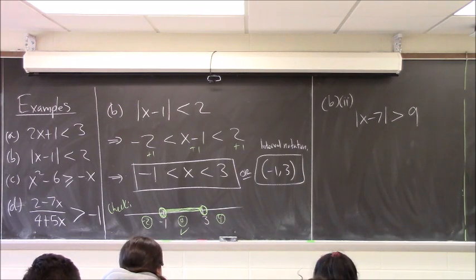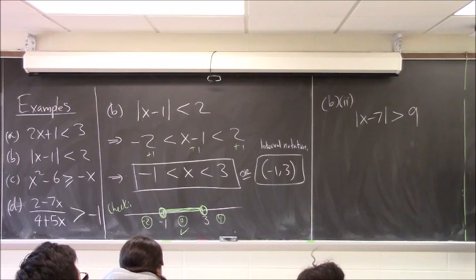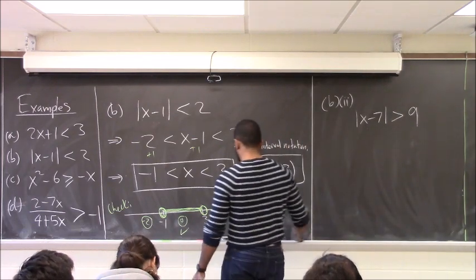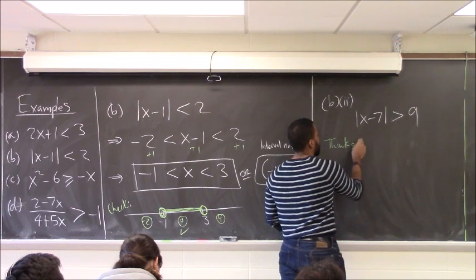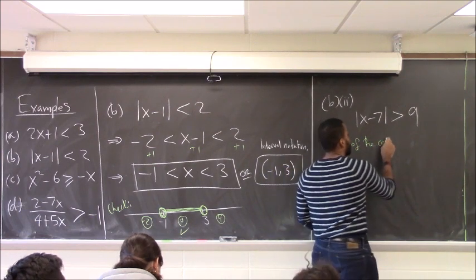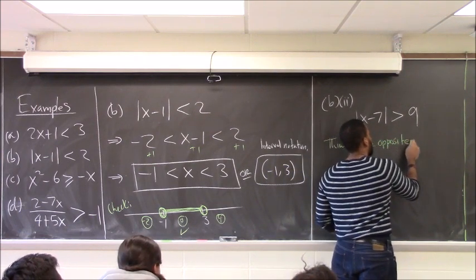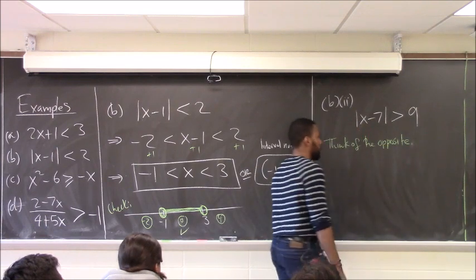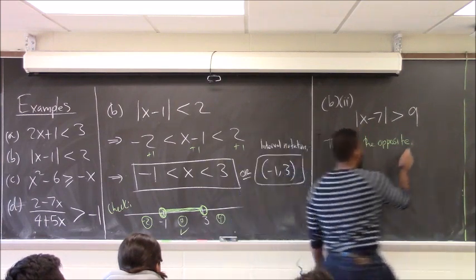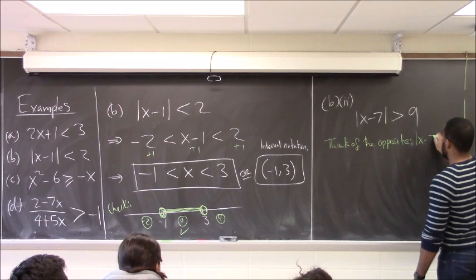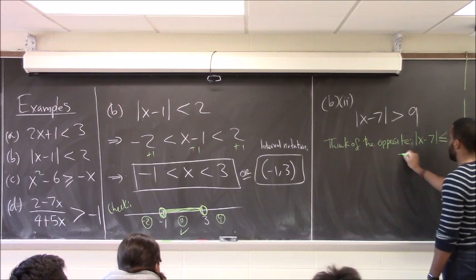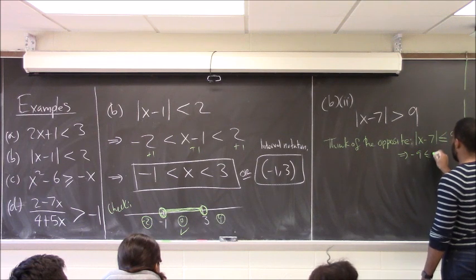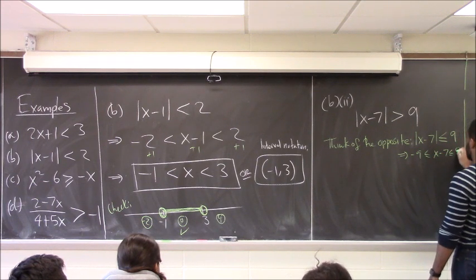Now what I could do is think of the opposite. That way I don't have to be solving 2 inequalities instead of 1. So the opposite of this is that my x minus 7 is going to be less than or equal to 9. Well, that's going to mean that minus 9 is going to be on both sides.